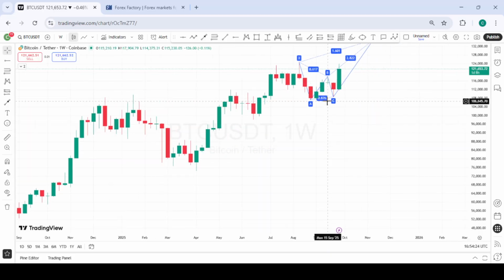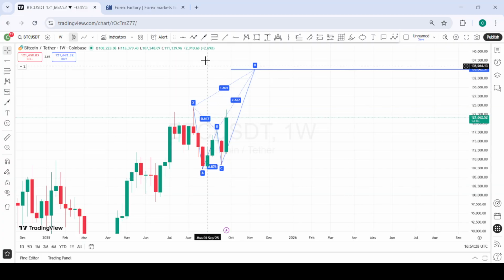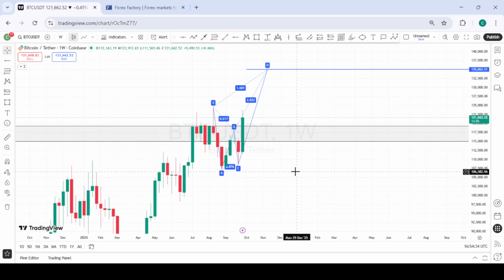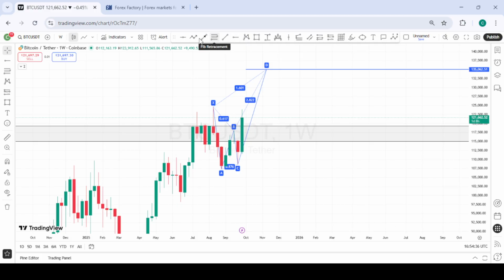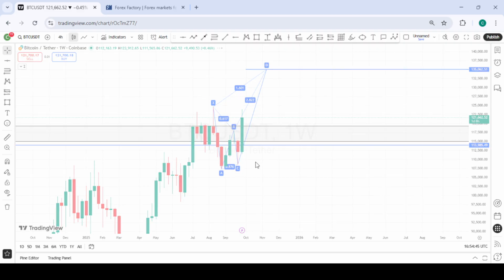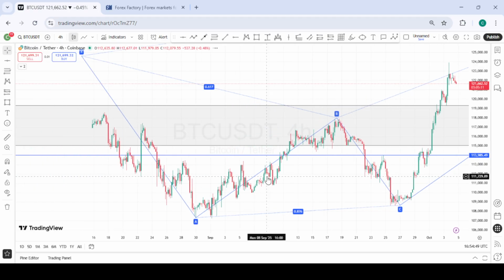For the coming week, we're looking forward for price to pull back to this area, somewhere in this zone. So wait for the weekly candle closure for the coming week.